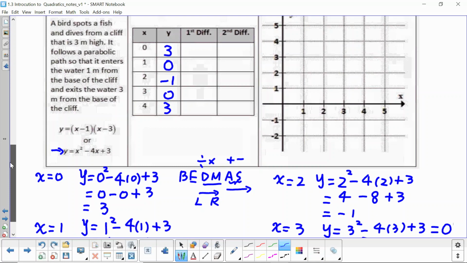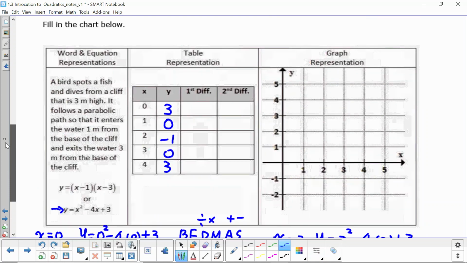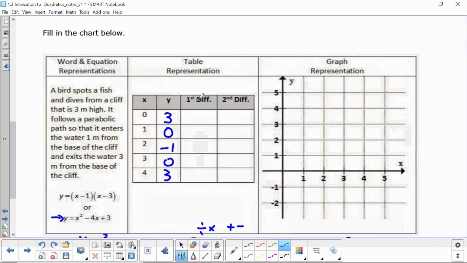And after that, we want to find the differences, okay? The differences means the y value, the rise. Find the rise on the y value. So from 3 to 0 is down 3. You do the subtraction. And from 0 to negative 1 is down 1.